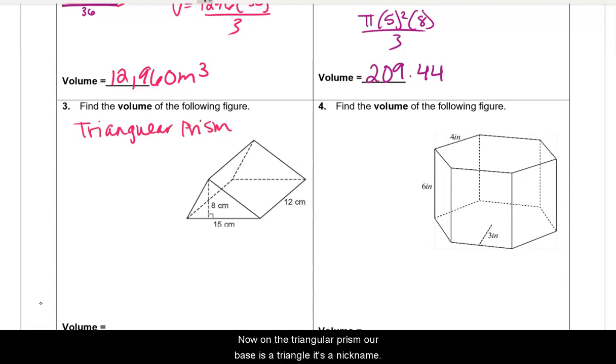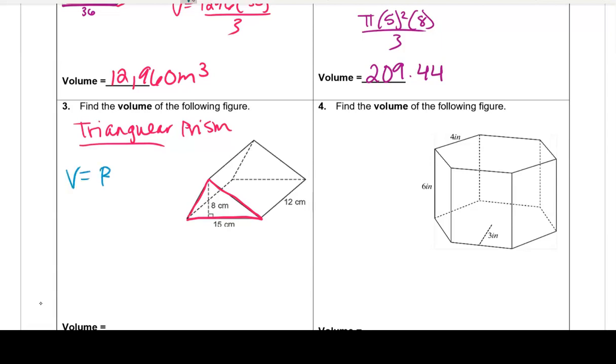Next here we have a triangular prism. On the triangular prism, our base is a triangle because it's in the name. In order to find the volume of a prism, we need big B times perpendicular height, where big B represents the area of the base.